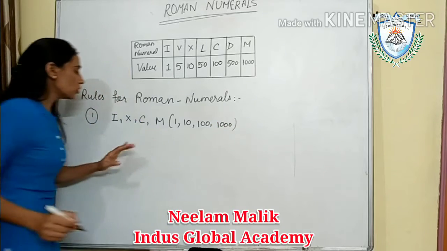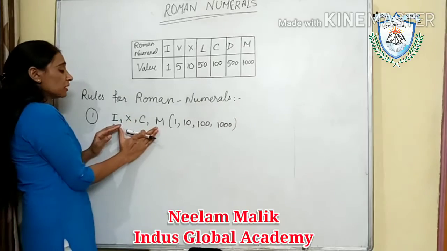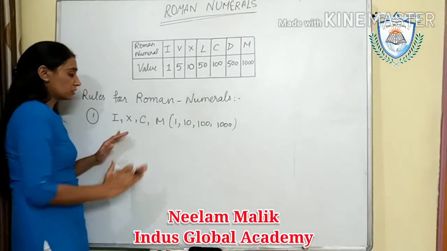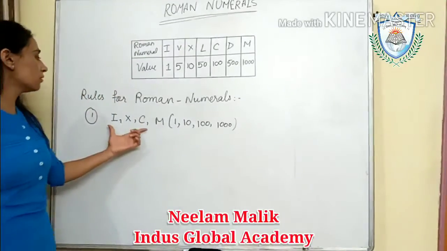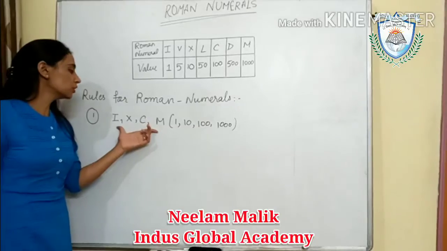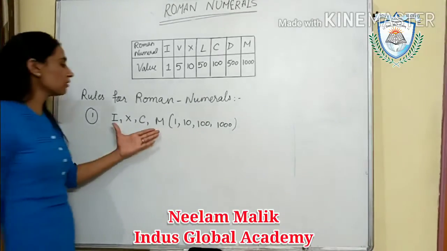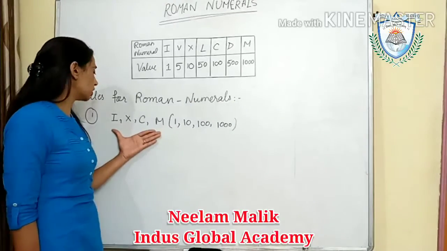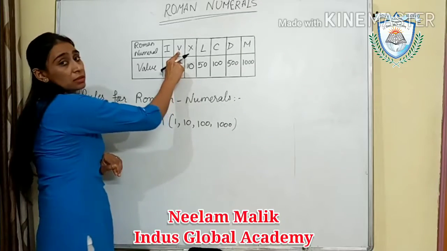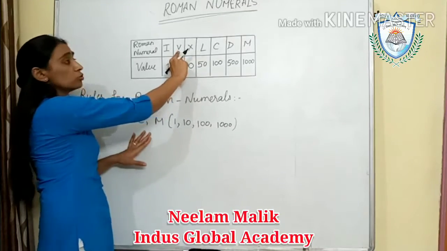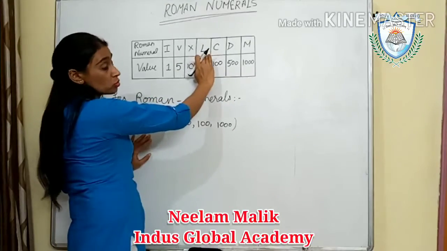Okay. So we only repeat these 4 letters. If we want to form other numbers, we can repeat these four letters and write them together. We will not repeat V in any number. We cannot use V 2 times or 3 times, and we cannot write L 2 or 3 times.